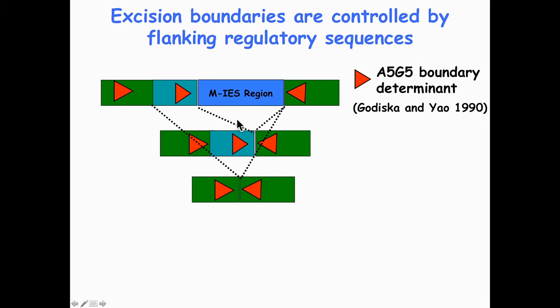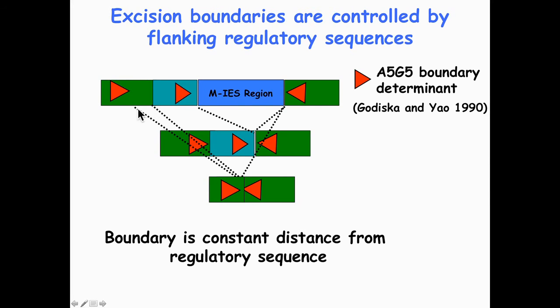And in another bit of work, if you take that controlling sequence and move it farther away, the boundary will move to stay at a relatively fixed distance, about 50 base pairs away from the position of that sequence. That's an important experiment because it says that the sequence at the excision junction in the wild type cell isn't what's important for defining where those sequences are; it's really the distance from this controlling sequence.